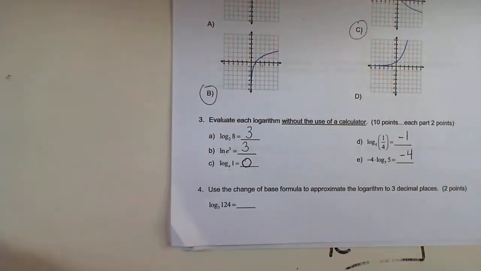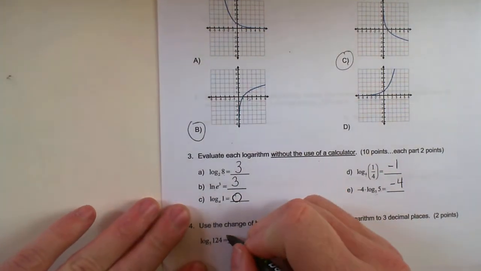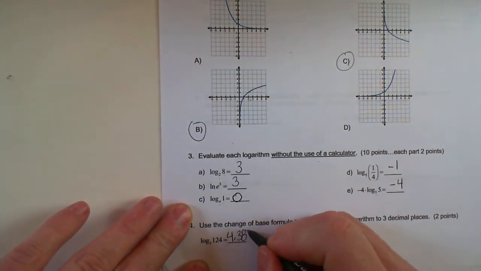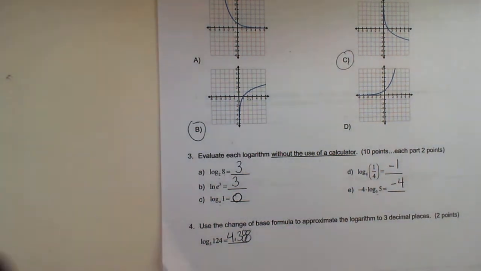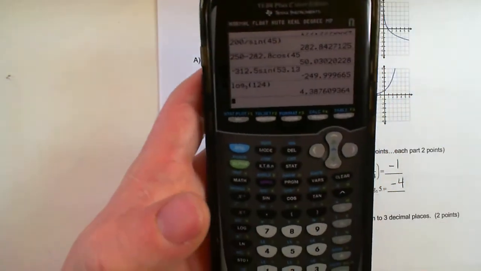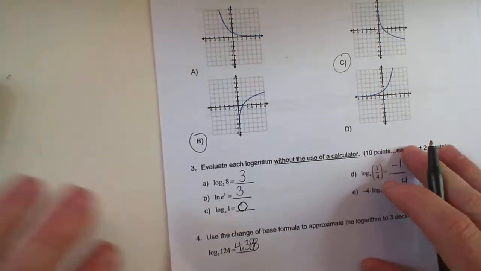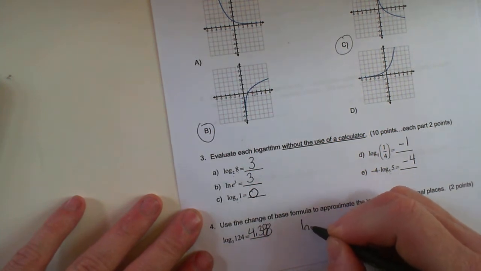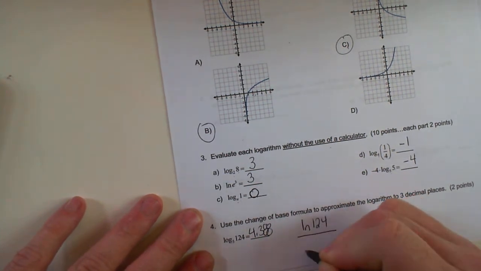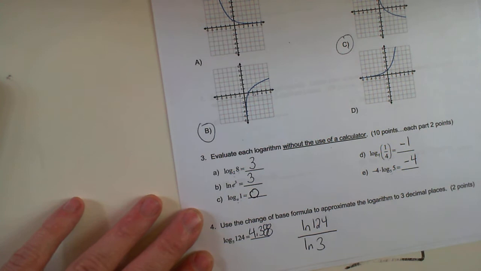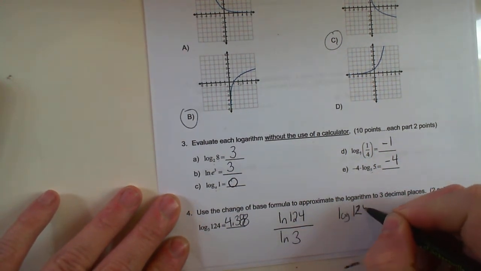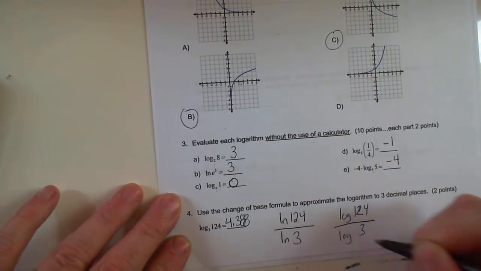It says to 3 decimal places. Now, if you have an older calculator, remember the change of base is log of big divided by log of base. So we could make this the natural log of 124 divided by the natural log of 3, or you could do log base 10 of 124 divided by log base 10 of 3.